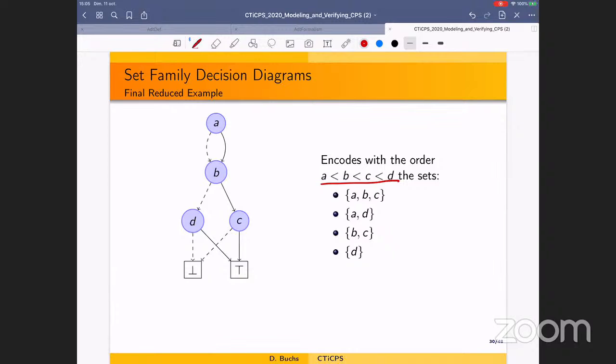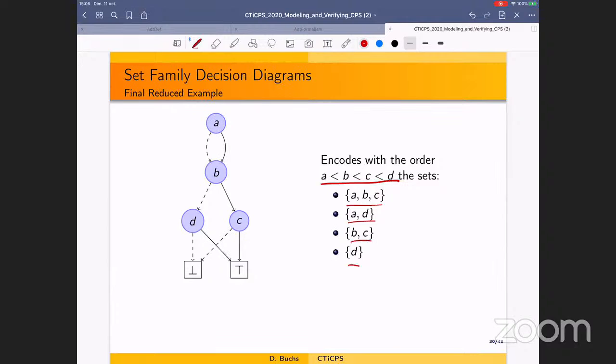So here you have only nodes that point to another node, or take nodes that point to a take, or the other nodes, the not take node, which point to bottom. So in this case, you have exactly the sets that are mentioned here.